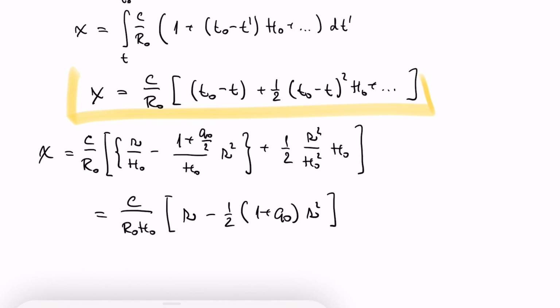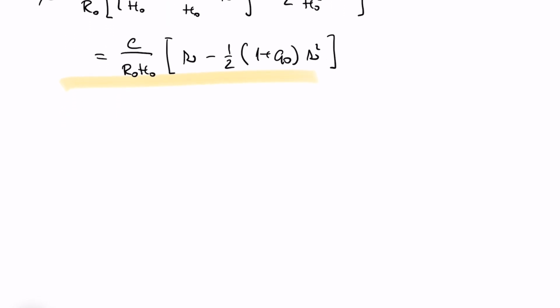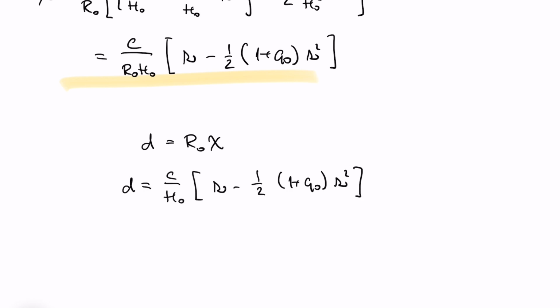If this is now the coordinate of some galaxy and we sit at 0, then the distance to that galaxy is r0 times chi. If we use the last equation, then we have this. Now we see that if z is really small and we limit ourselves to the first order in z, then we have this.